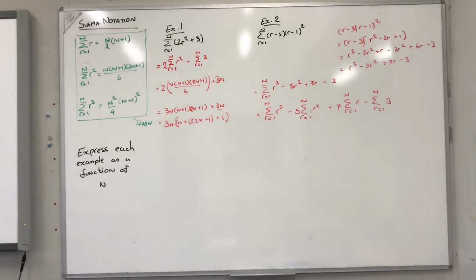So there, broken it all out, and then I've recognised it's r cubed minus 5r squared plus 7r minus 3. I can then, using my knowledge of the sigma notation, split it all up, and then I can just substitute in again.